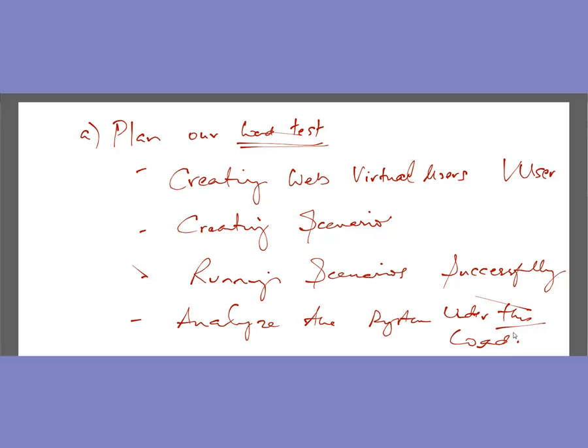So looking into the different modules of the LoadRunner, we know that there is a VUser, virtual user module. And in the virtual user generator, VUGen as it is called, it helps you create the script.